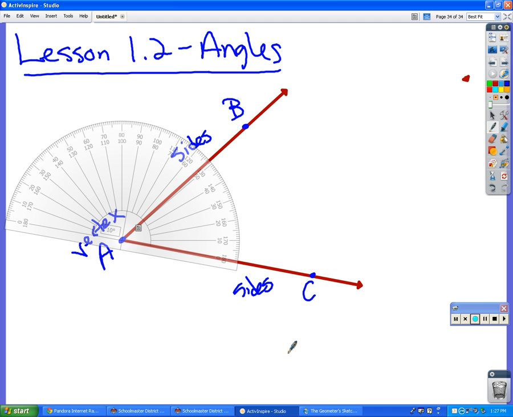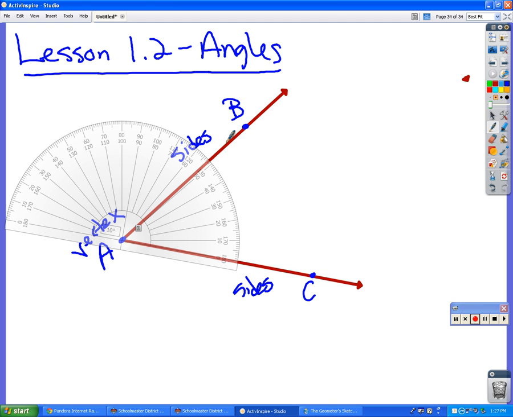Now you should be able to see where the second ray goes through the protractor. The only tricky thing here is that there are two numbers to choose from, and we need to figure out which number is the correct one to use. There are two different ways you can do that. In this case we're going to use the smaller of the two numbers. Why? Because this angle is less than 90 degrees.